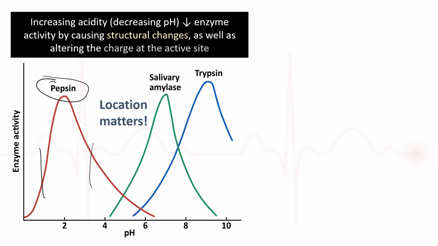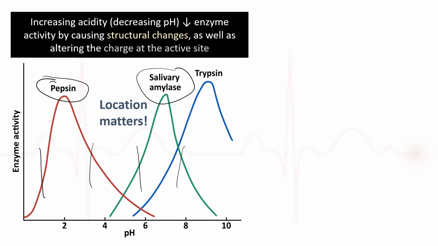For example, in the mouth where there's saliva, there are enzymes within the saliva that operate at pHs right around 7, which is pretty neutral. Now, again, if you were to increase the pH, make it more basic, or decrease the pH, make it more acidic, that would then have a negative influence over the enzymatic rate. In both cases, it would decrease it.